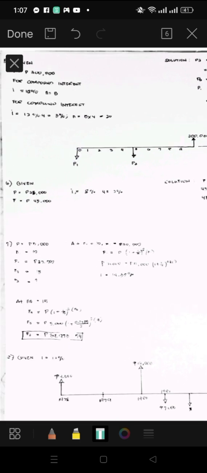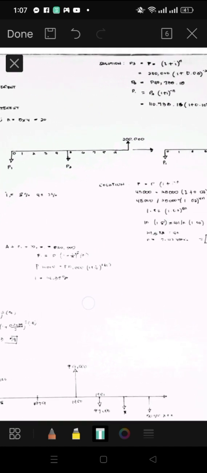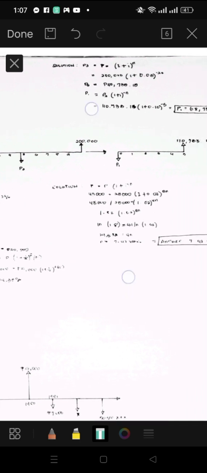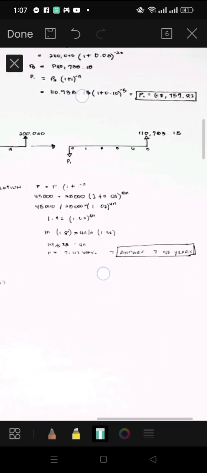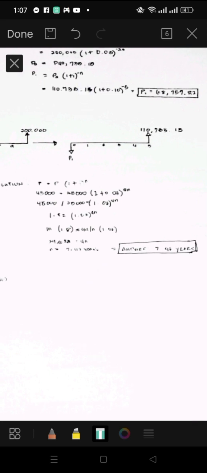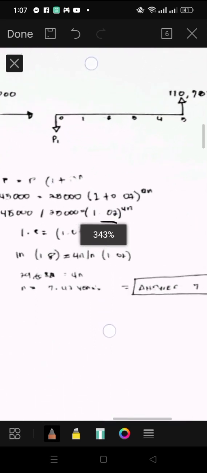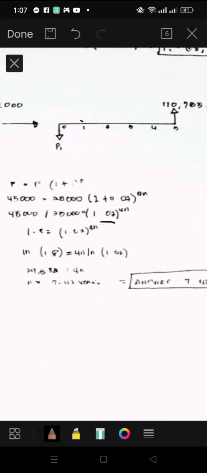So F is equal to 45,000, equal to 25,000 multiplied by the quantity of 1 plus 0.02 raised to the power of 4n. In order to solve for n, let's use the calculator technique.